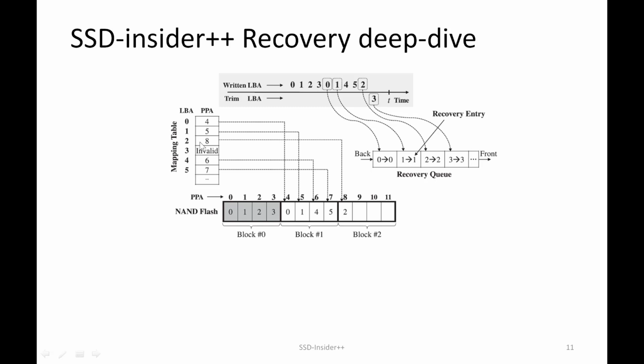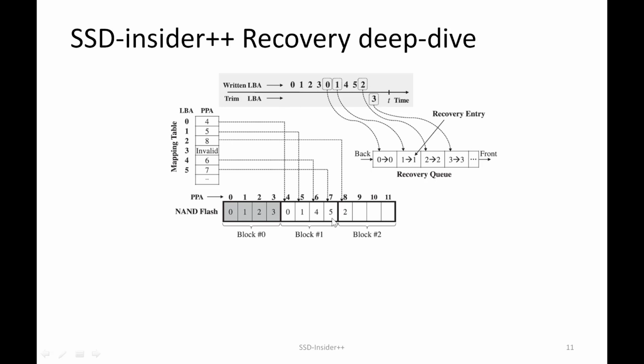Same for the logical block address 1, it has been written in the physical page 5. Following that, we have 2 writes for 4 and 5 here. So those are placed in the physical pages 6 and 7. Then we have a request for write of 2.